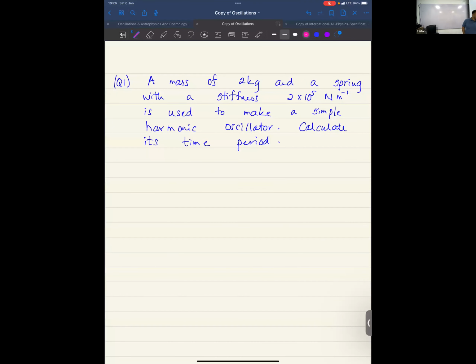Calculate its time period. Just a matter of using the equation T equals 2 pi square root of m over k.